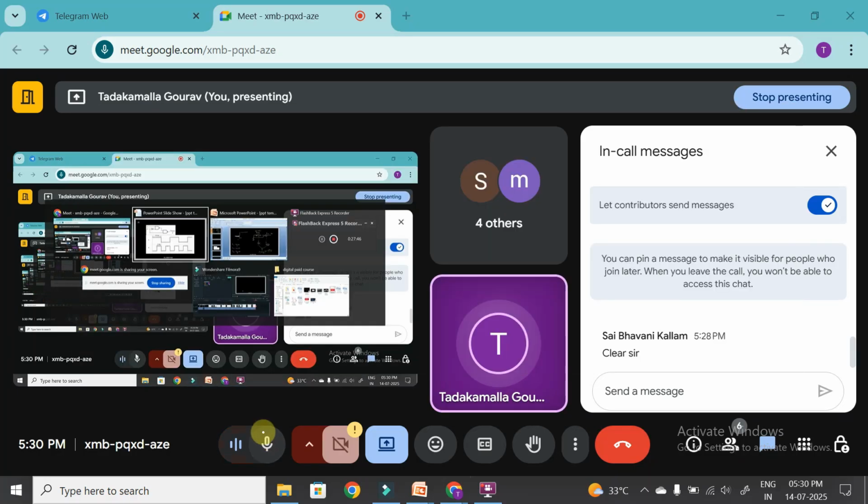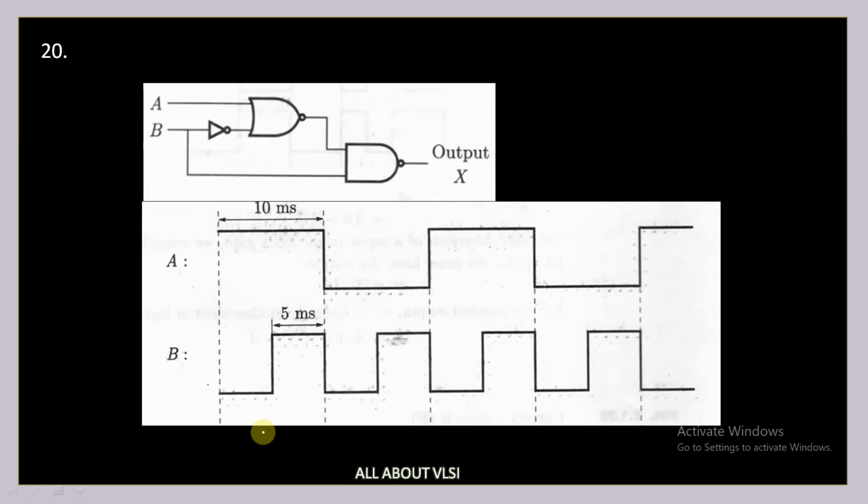I will explain this one also. This is a simple problem. First of all, try to get your output expression x. Expression x is nothing but (a plus b bar) the whole bar, into b the whole bar.